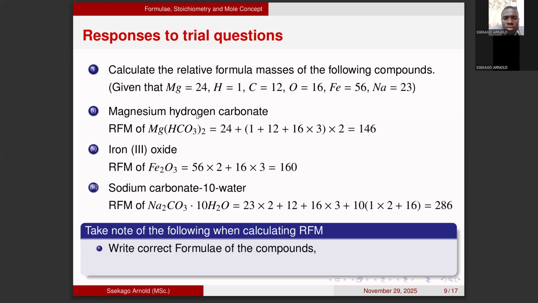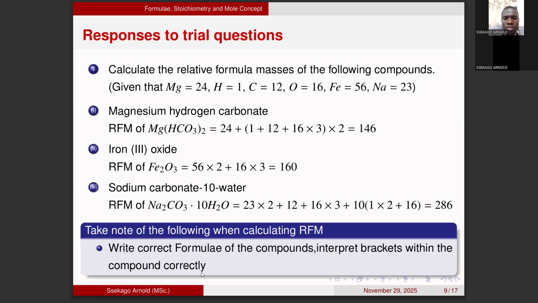You must know how magnesium looks like, and how the radical of hydrogen carbonate looks like. So to calculate RFM, the first thing which you must take note of is writing correct formulae of compounds.